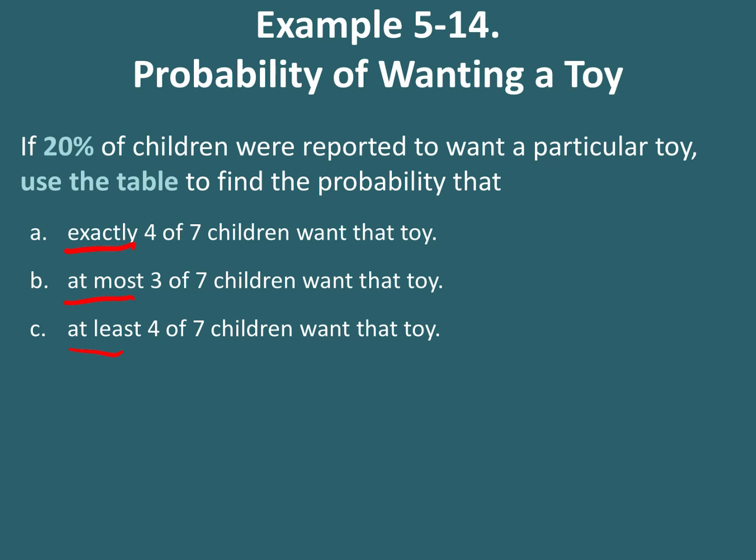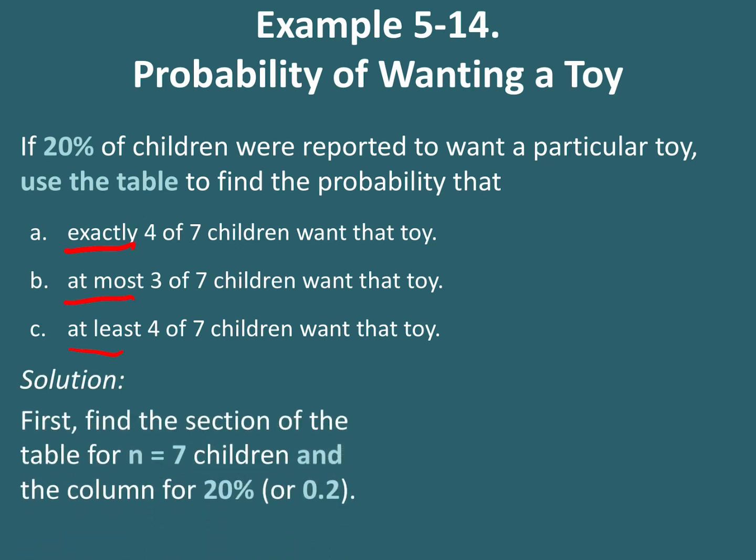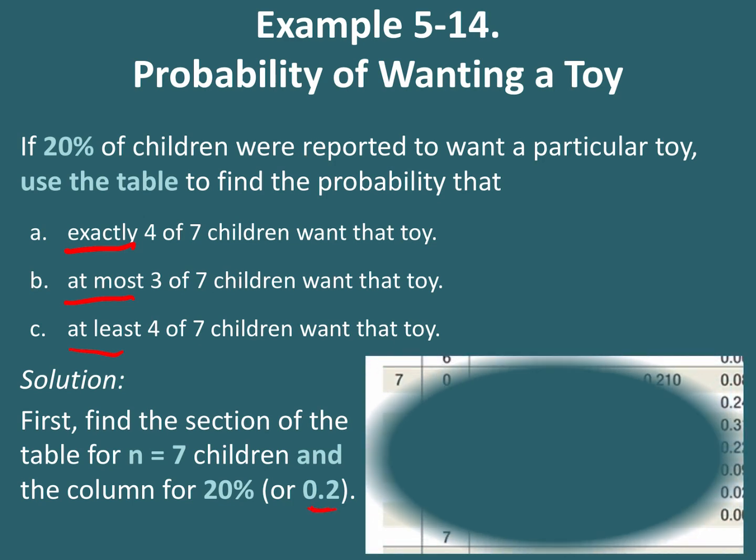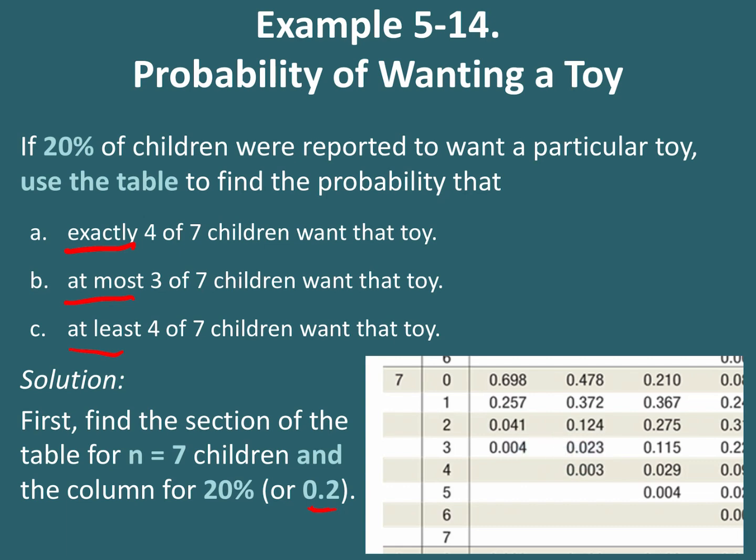We'll start with exact. First, let's find the section of the table for n equals 7 children and the column for 20%, rather 0.2. If we zoom in on this portion of the table, where we have 7 children, and take a look at the column for 20%, you'll see a 0.2 or a 20% up top.